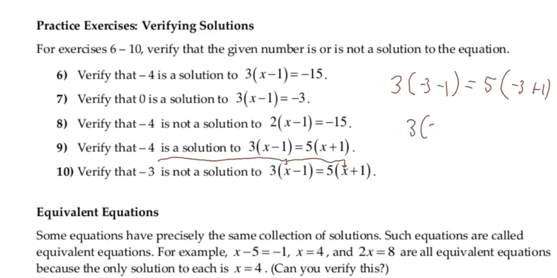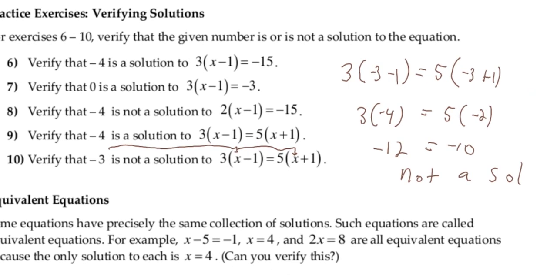So we have 3 times negative 4 equals 5 times negative 3 plus 1 is negative 2. And we end up with negative 12 equals negative 10. So this is a problem. So put not a solution. I'll abbreviate solution by just SOL. Okay, and that's really all they're asking you to do here.